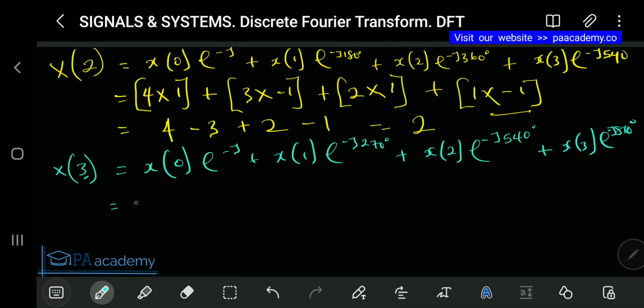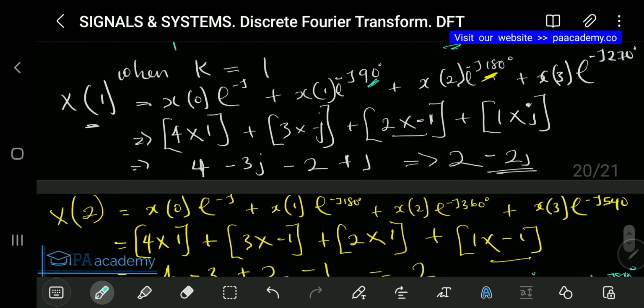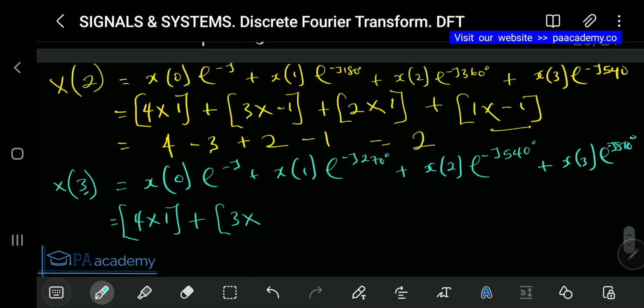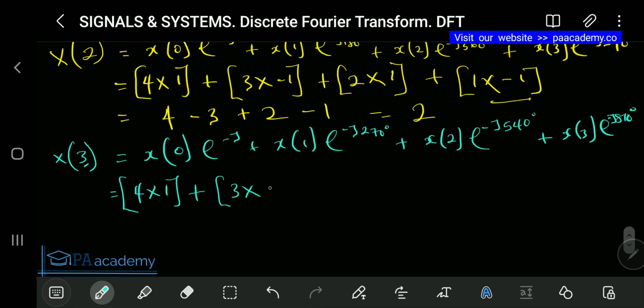So again, x of 0 is 4, so 4 times 1, plus our x of 1 is 3, so that will be 3 times exponential minus j 270. We've gotten that earlier, and that gave us j. So we don't need to go to the calculator, that will be times j.